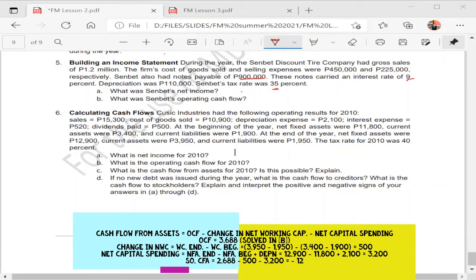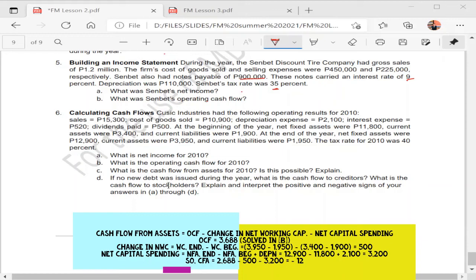Okay, so that's correct. If you have a negative cash flow from assets, you're putting more money in long-term investment. So that's why here the investment is more on the net fixed assets. Okay, credits to the search engine. So that's the explanation. It can be negative.